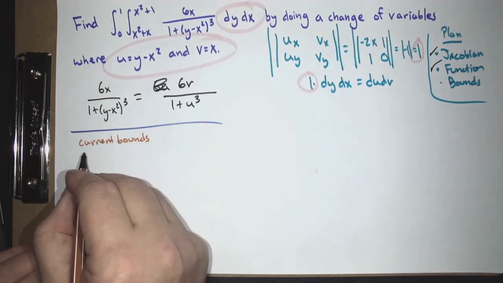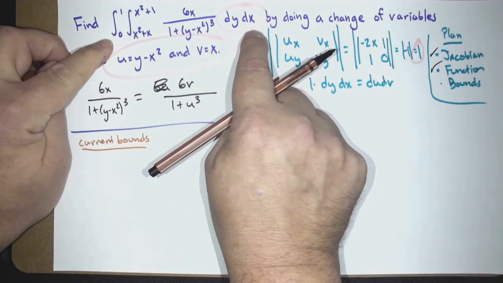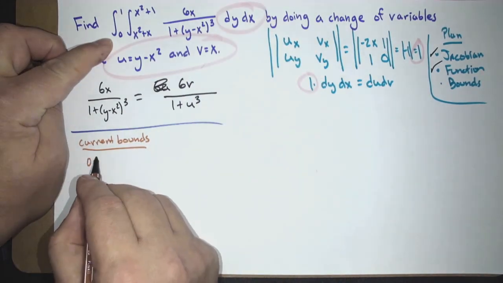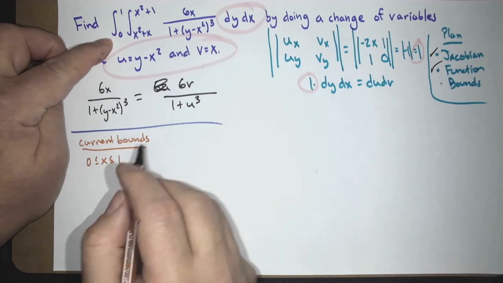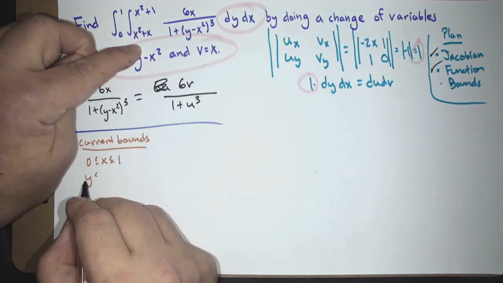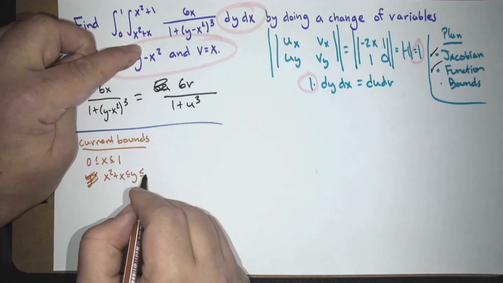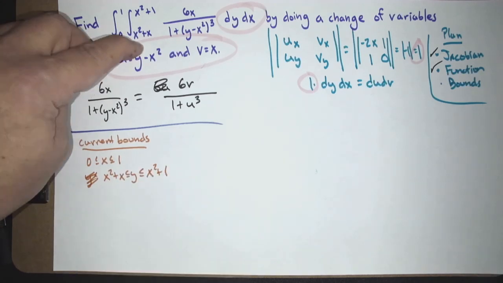Well, we have that x goes 0 to 1. Y goes from x squared plus x up to x squared plus 1.